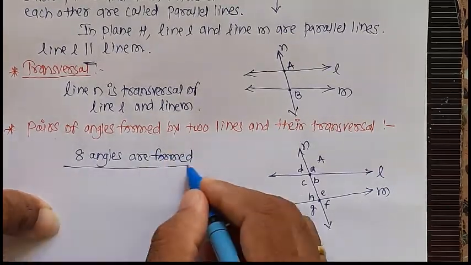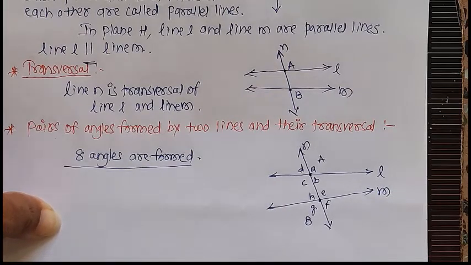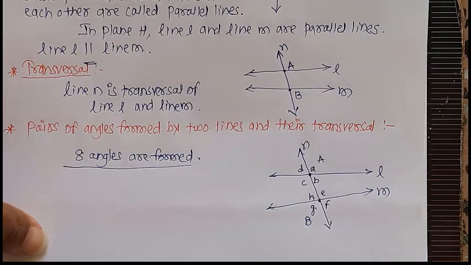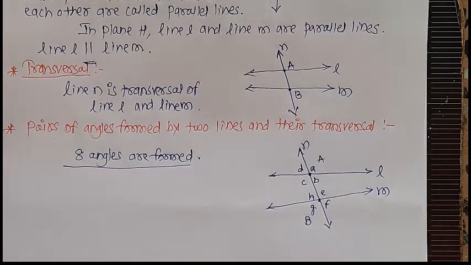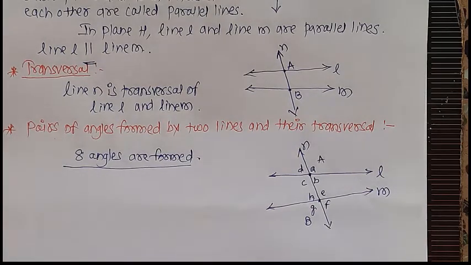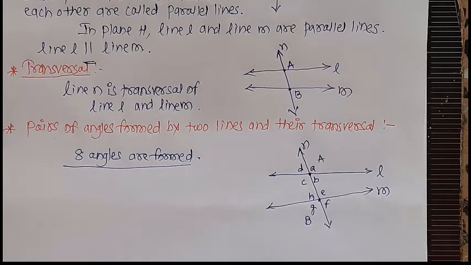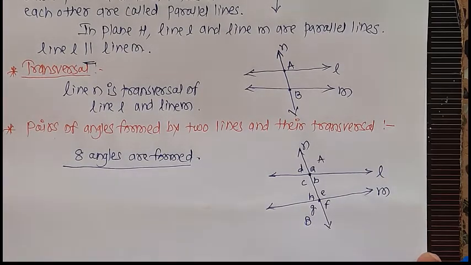Then these 8 angles we have to distribute in pairs of angles. In this point we see 3 kinds of pairs of angles.